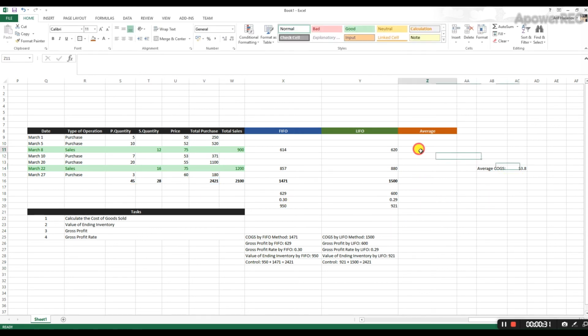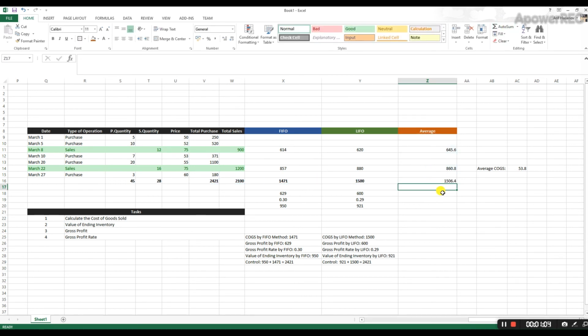So every time we make a selling, this is 12 quantity we sold. We have to do it this way: 12 multiplied by this average number. And we come here, we sold 16. Then 16 multiplied by this. And then we do the summary.